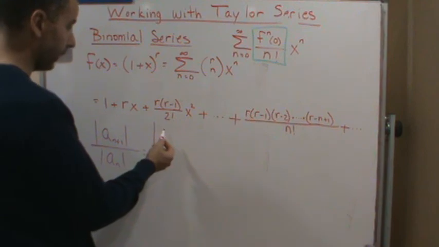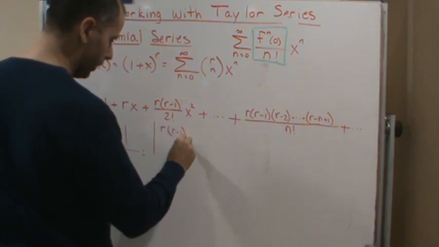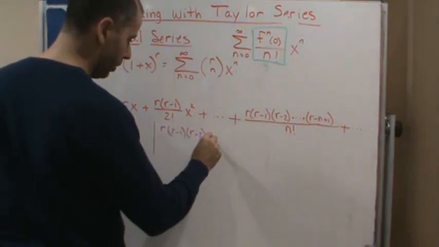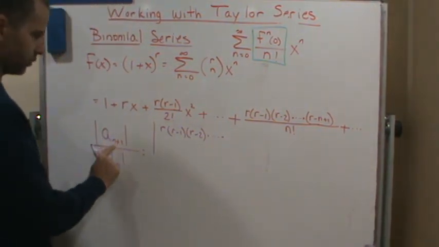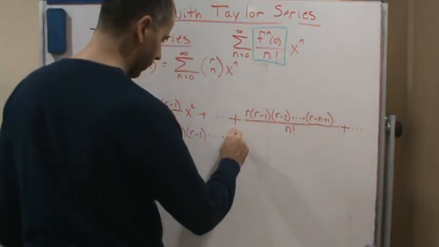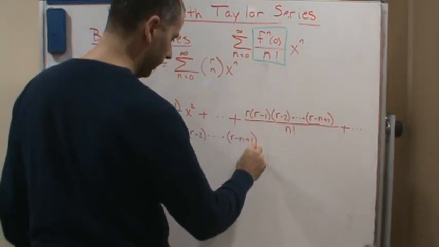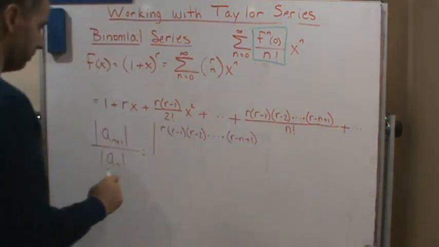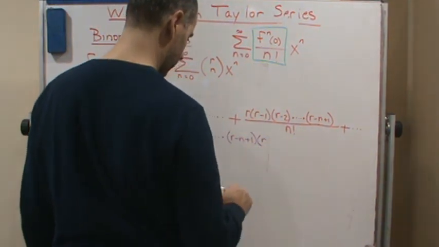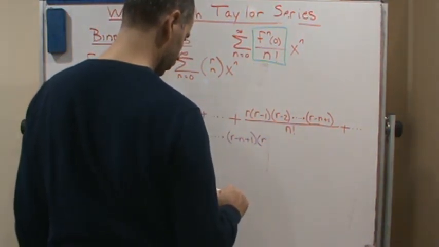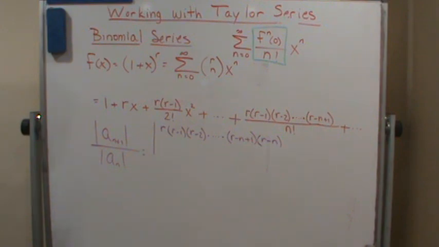Well, a sub n plus 1 is going to be r times r minus 1 times r minus 2 all the way to r minus n.